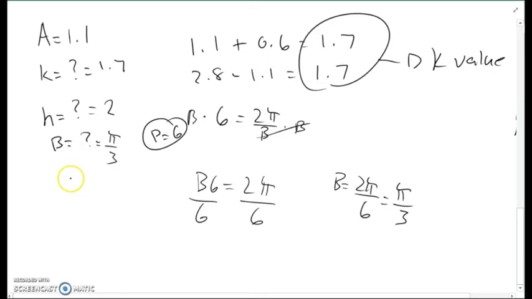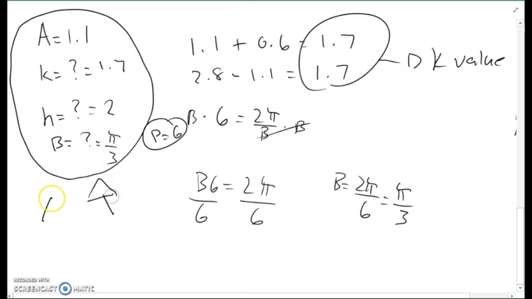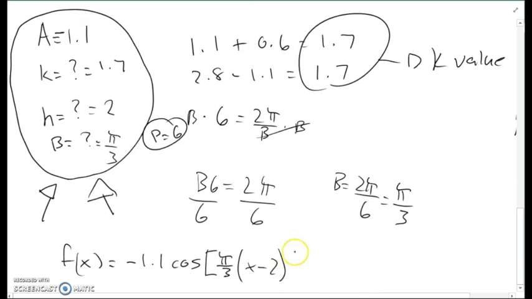So, with the given information that we have, we can put together our equation for the graph, which is f(x) equals negative 1.1 cos[pi over 3 (x minus 2)] plus 1.7.